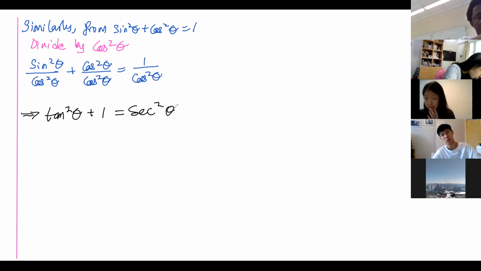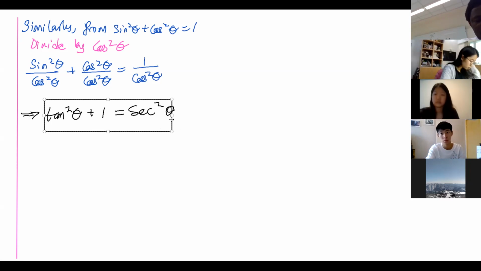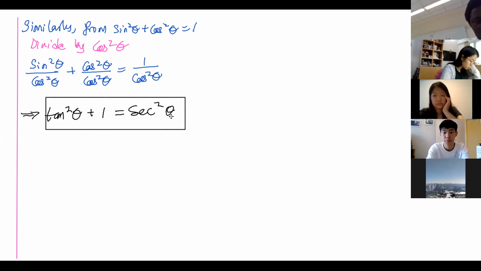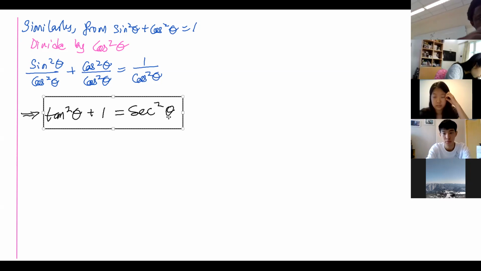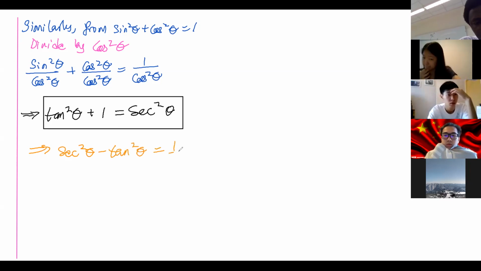Good job. And someone else who has not spoken should tell us two equivalent statements from this. Sec square theta minus tan square theta equals 1.